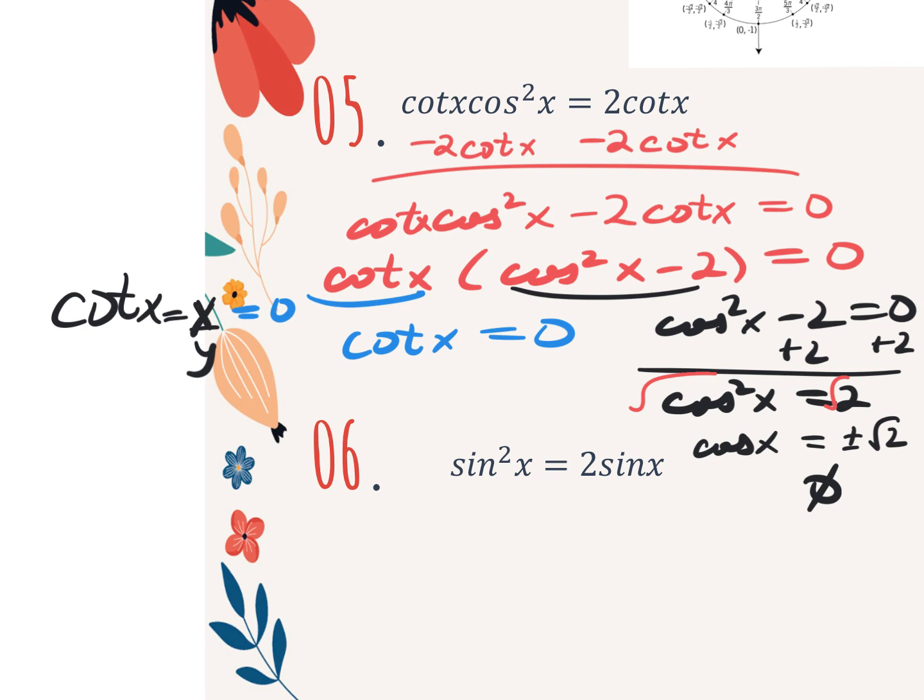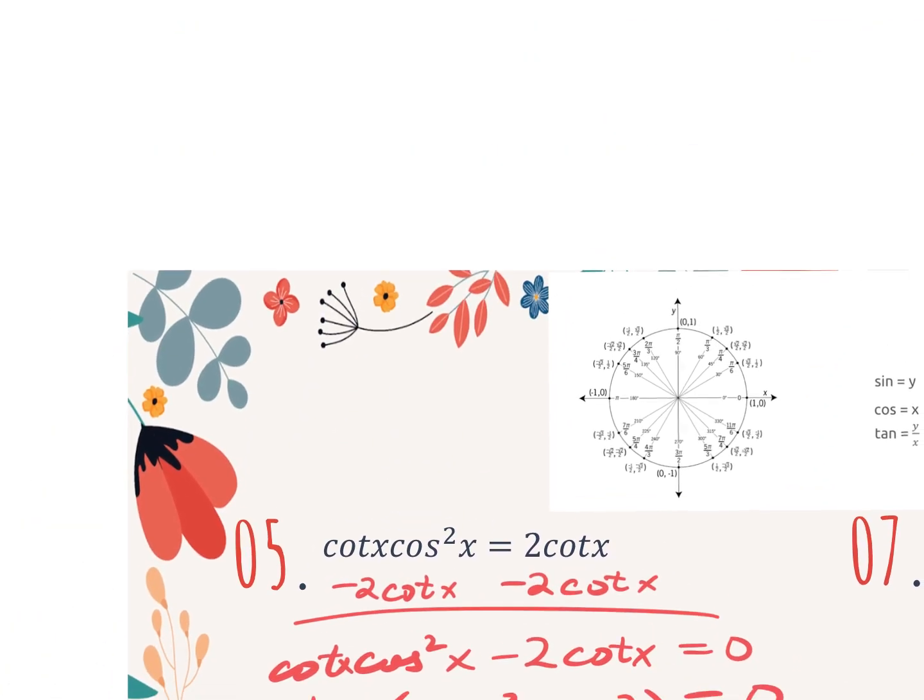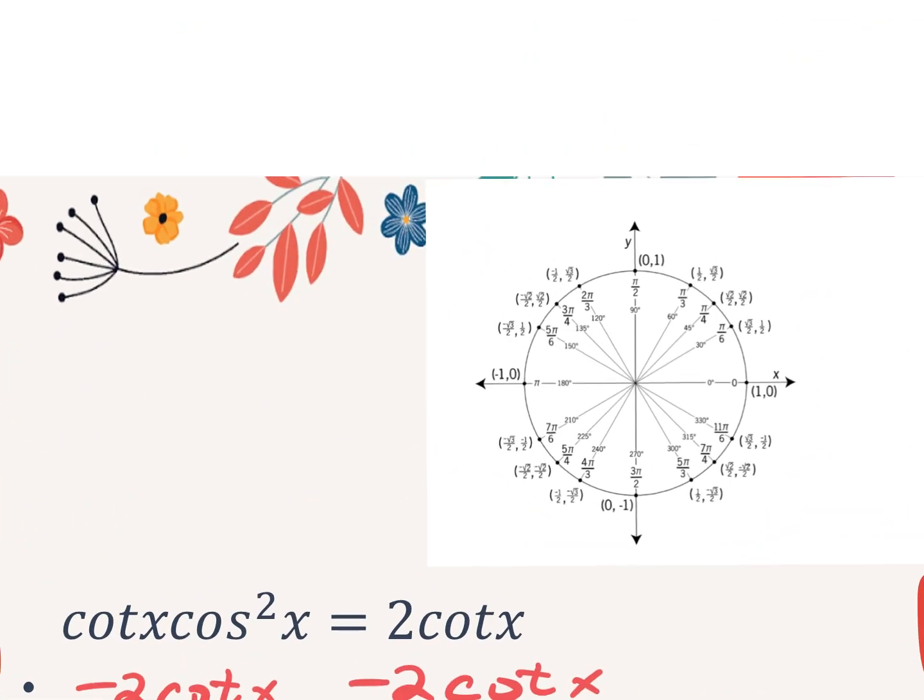So I'm looking at my unit circle and I'm looking to see where x equals 0. If I come over here, you can see that x is equal to 0 right here and right here. But tangent and cotangent are only looking from 0 to pi, so I'm not going to use that one. I'm only going to list my answer as pi over 2.